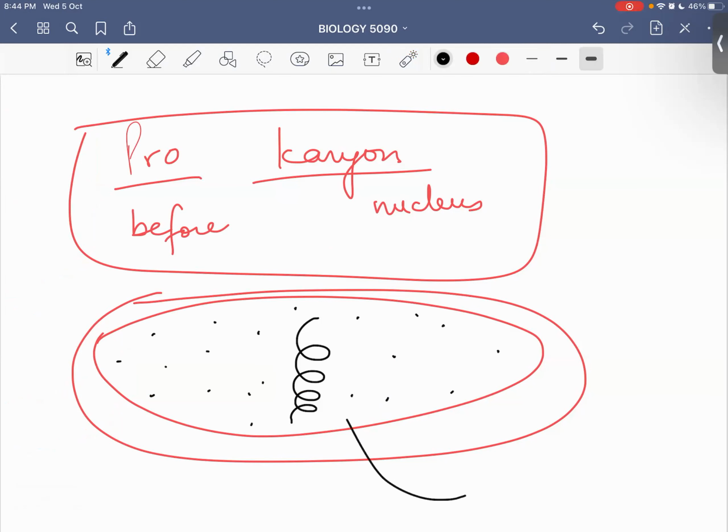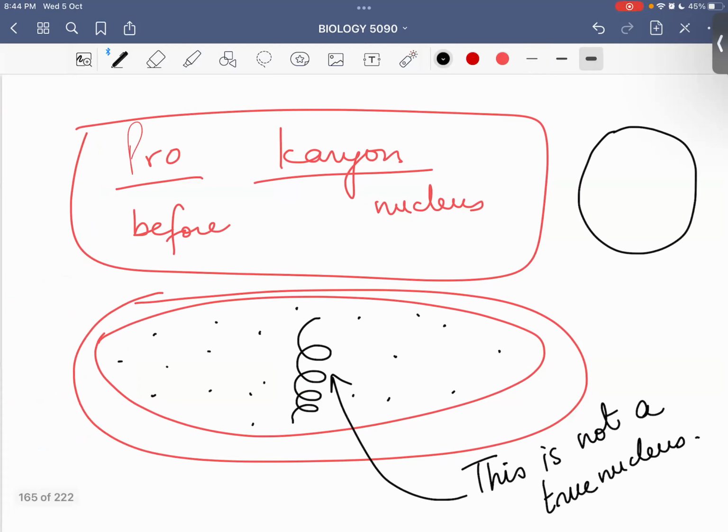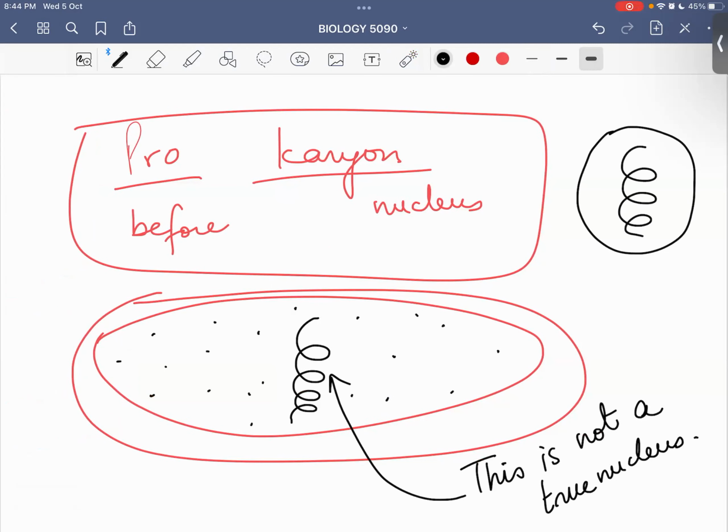If you ever see DNA lying open like this, you will say this is not a true nucleus. What about this? Is this a true nucleus? Yes, it is.